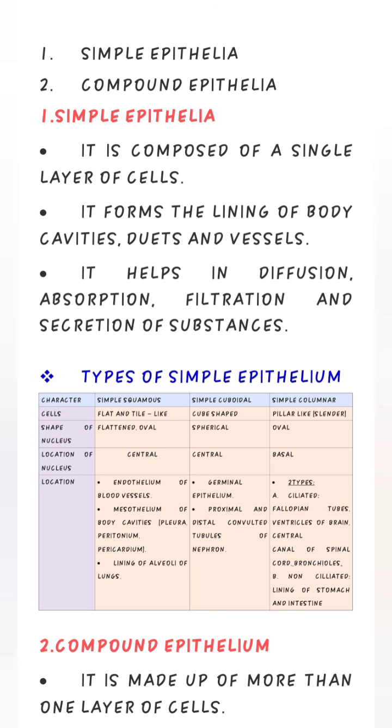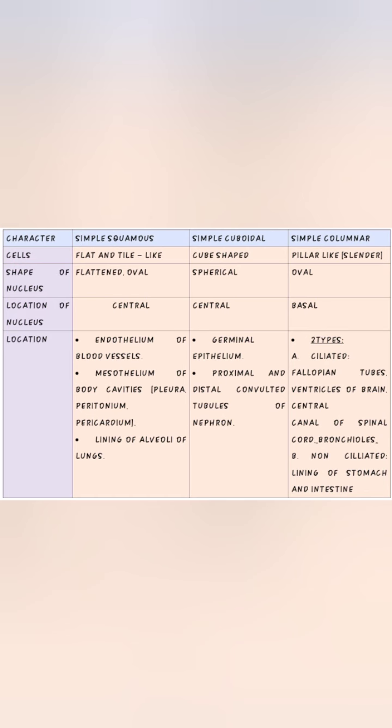Types of simple epithelium. Based on characters like shape of nucleus, type of cells, location of nucleus and their present location, we can divide the simple epithelium into three subtypes. They are simple squamous, simple cuboidal and simple columnar.